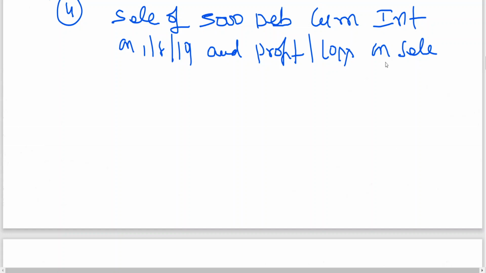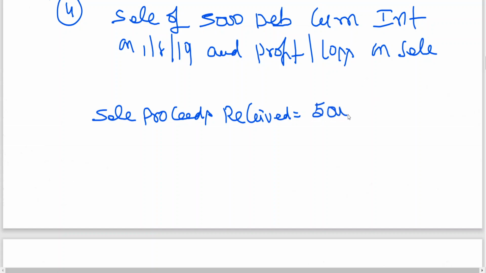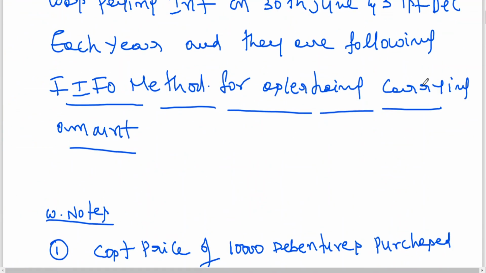So now, sale of 5,000 debentures, cum interest. Let me write first. Sale proceeds received. How many debentures have been sold? 5,000 debentures into, I think, 106, if I am not wrong.